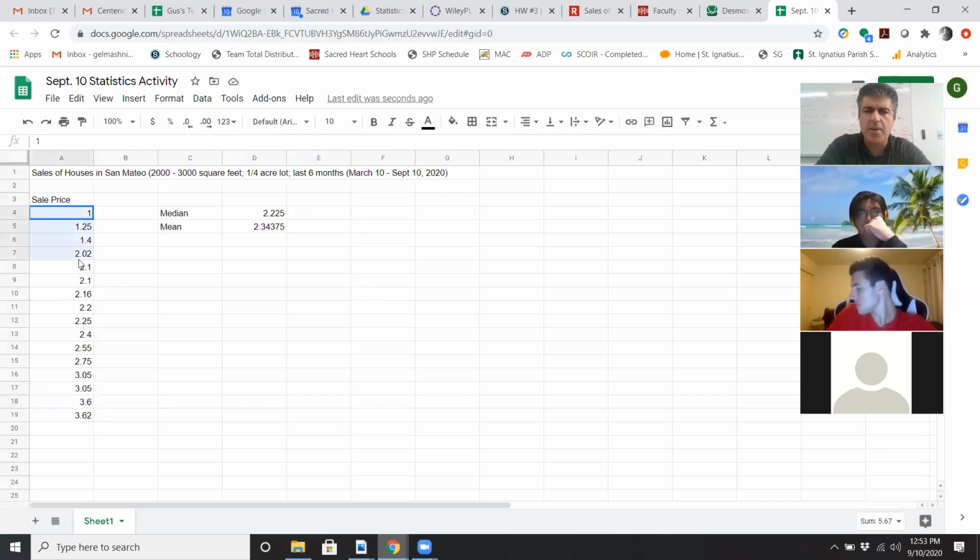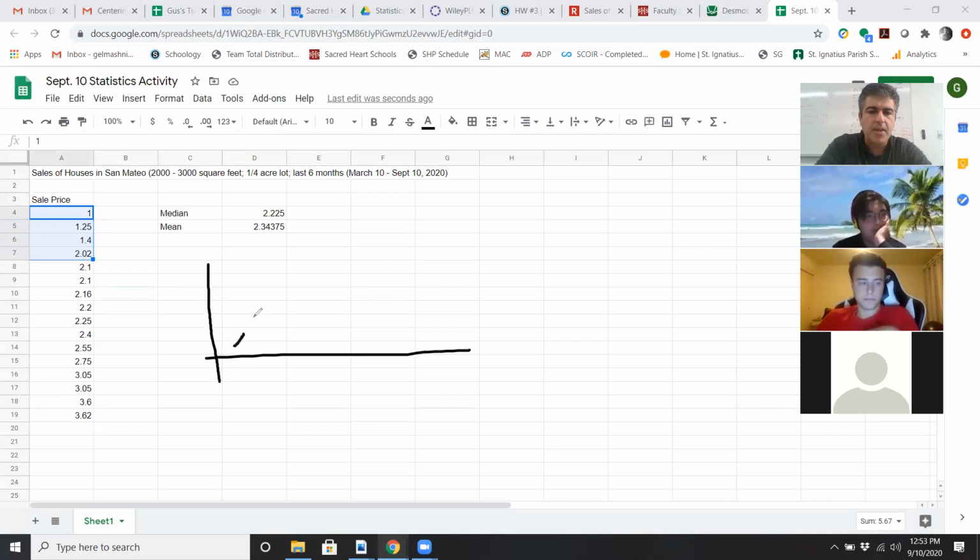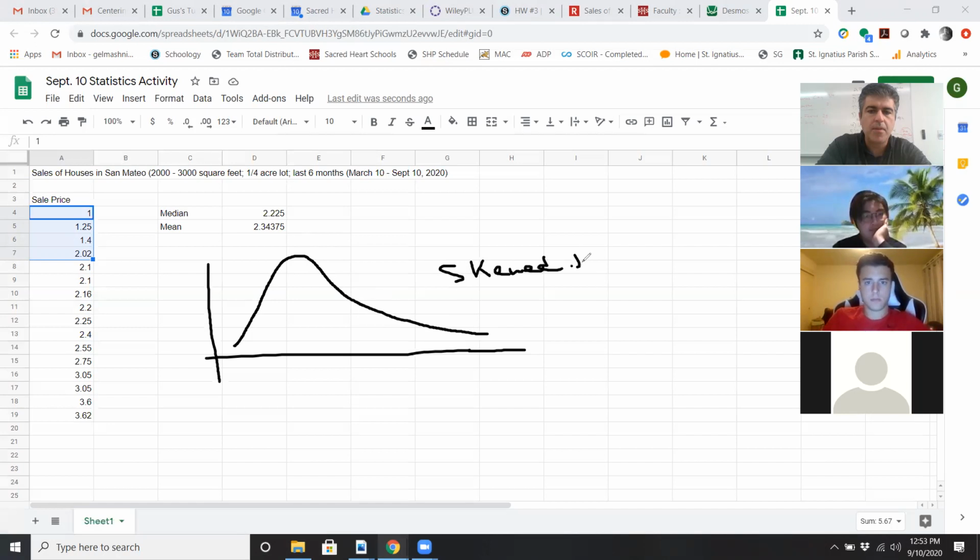So I'm not going to do that right now with you guys. But if you were to do a quick sketch of your distribution, it's going to look kind of like this. And so we say this is skewed to the right, where this right here represents house prices.